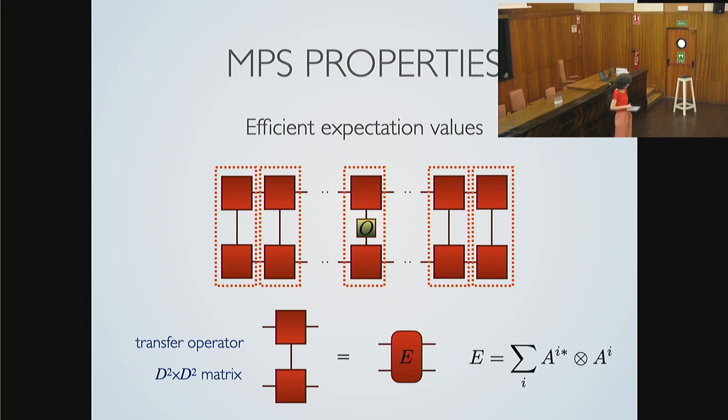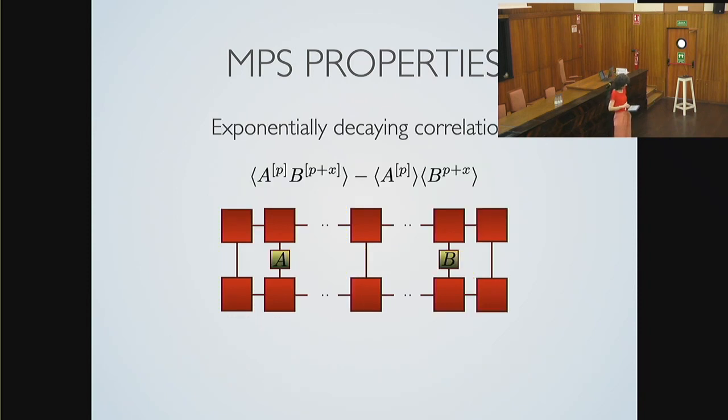Okay, so in a very similar way, one can show that this ansatz has exponentially decaying correlations. Again, I have to choose here what to show and what not.